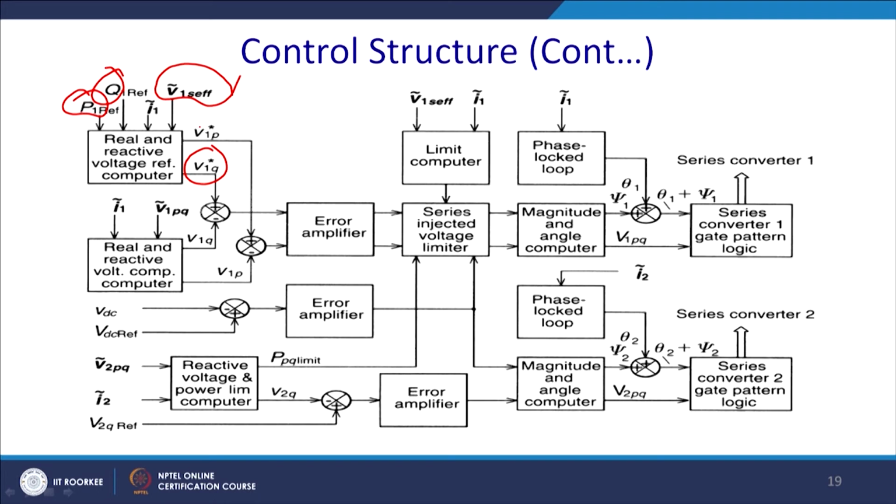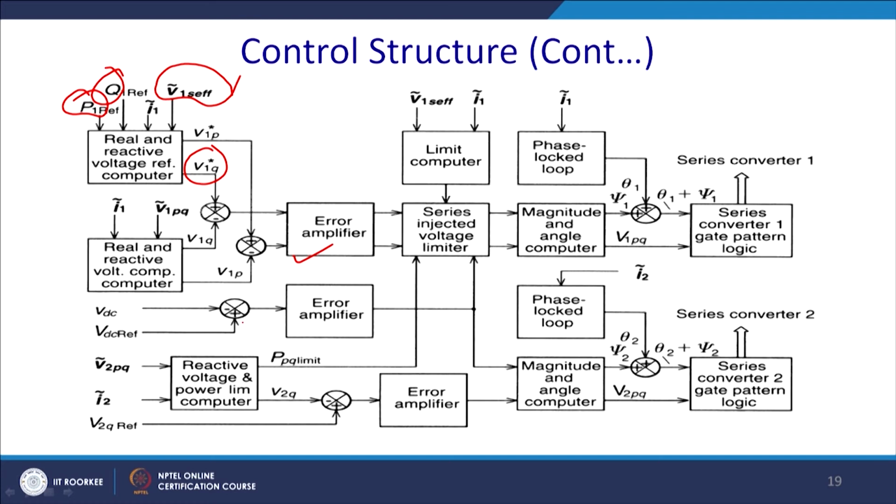And you will sense this value I1 and V1Q, and ultimately you will compare, and it will be fed to the PI controller. This is essentially an error amplifier, and you require to maintain the DC bus voltage to meet the losses and exchange of the real power.